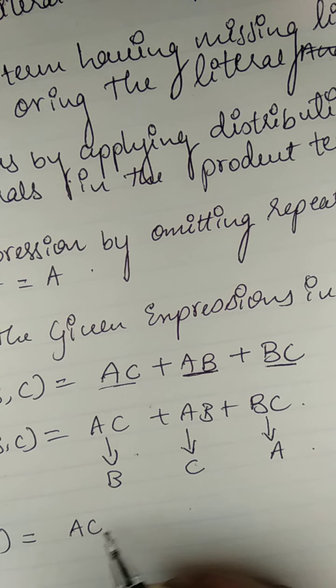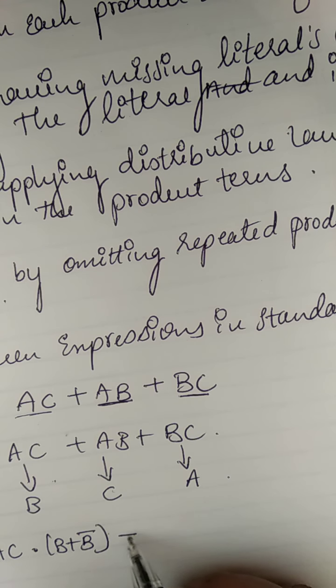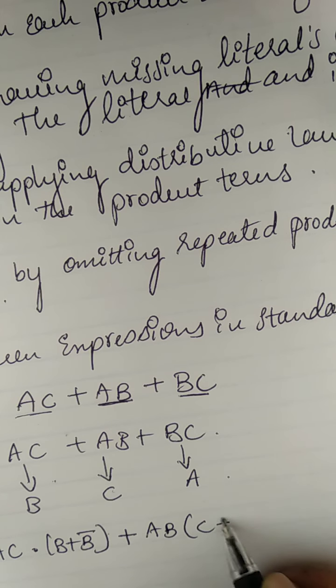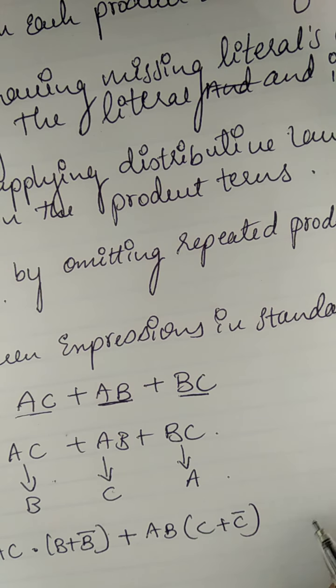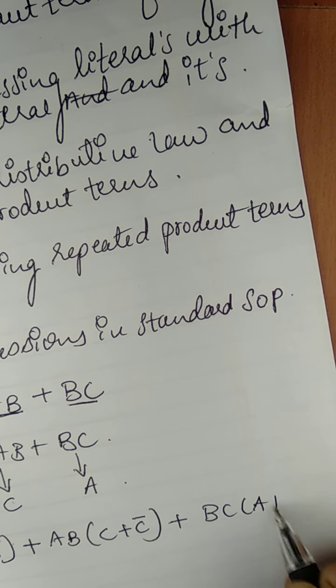For AC, the missing literal is B, and its complement, so B plus B bar. Next, for AB the missing literal is C, so C plus C bar. Next is BC into A plus A bar.